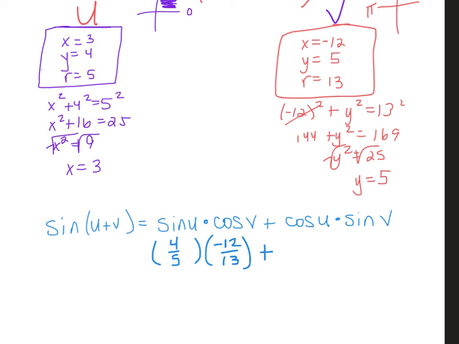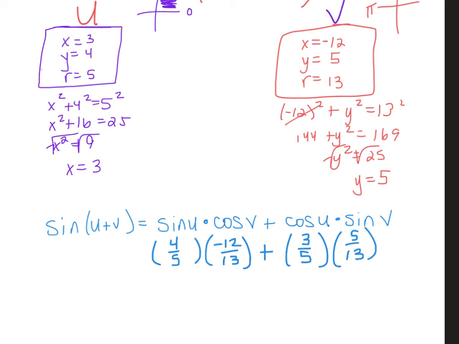What's cosine? So cosine of u is 3 over 5, right? And then I have the sine of v. And for the v triangle it's 5 over 13.